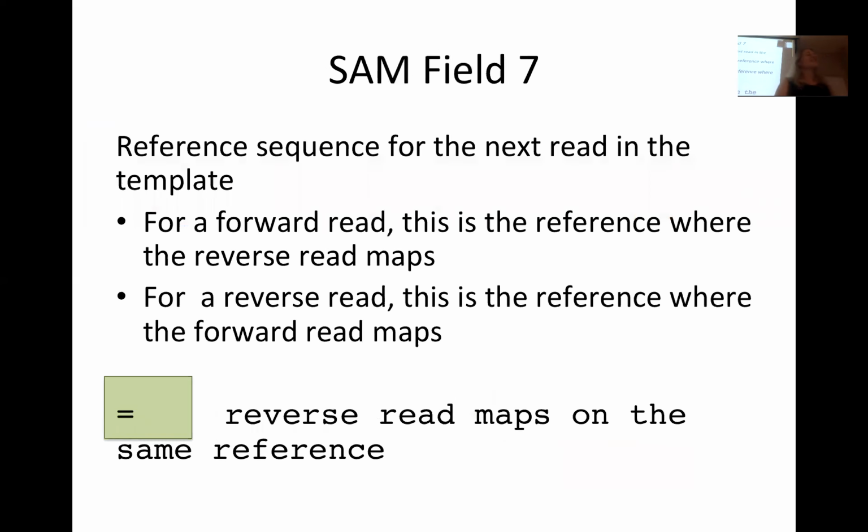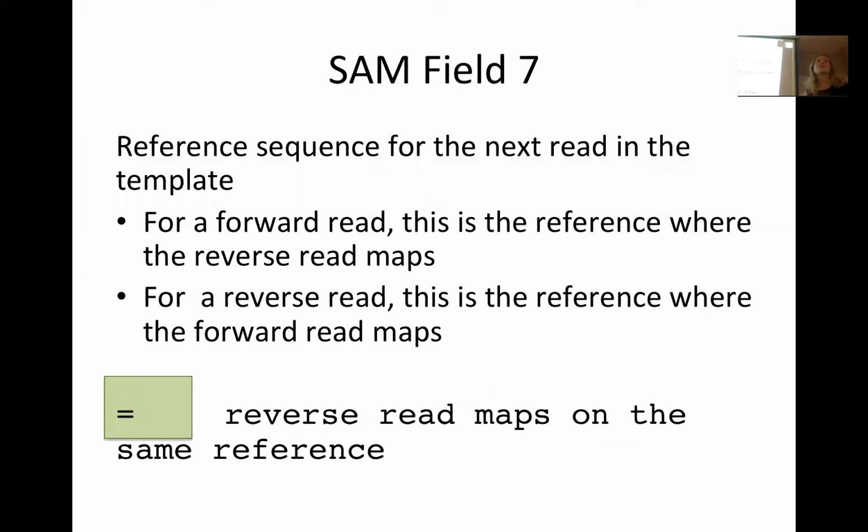Okay, so the next field, not the last field, the 7th field, is the reference sequence for the next read in the template. So you can look and say, okay, did my reads map to the same reference, like the same chromosome? For forward read, this would be the reverse read. For the reverse read, this is where the forward read maps. If you just see an equal sign, that means they're the same.